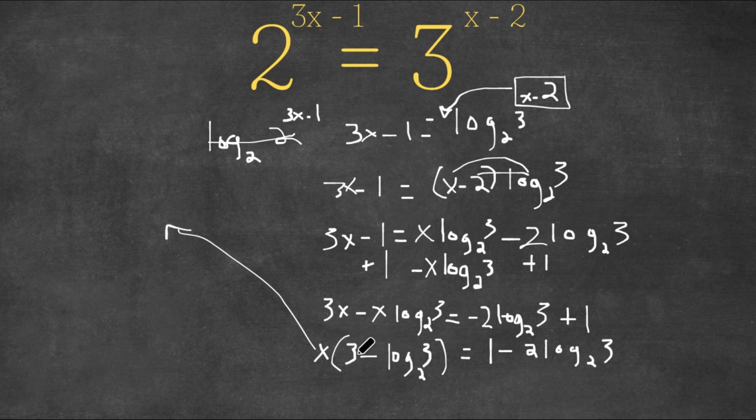All right, so now let's bring this over here. So now we're going to divide by 3 minus log subscript 2 of 3 so we can isolate x.